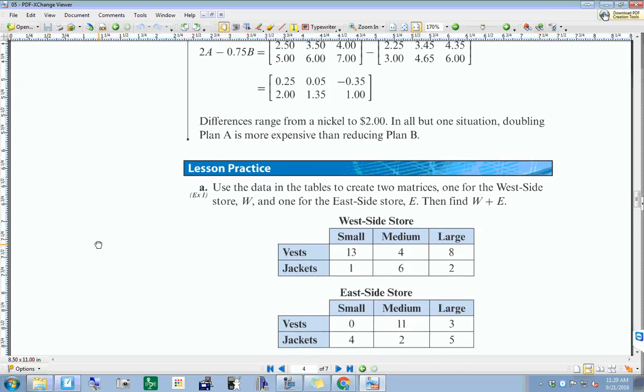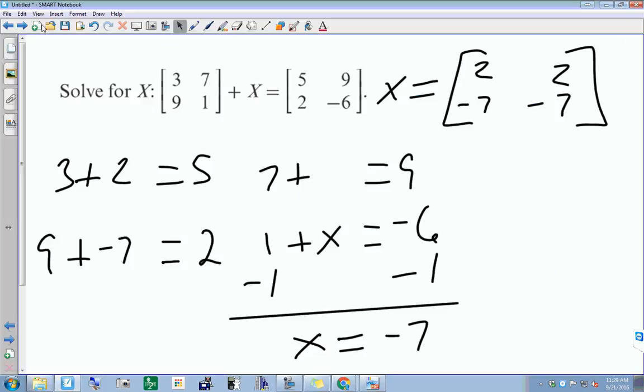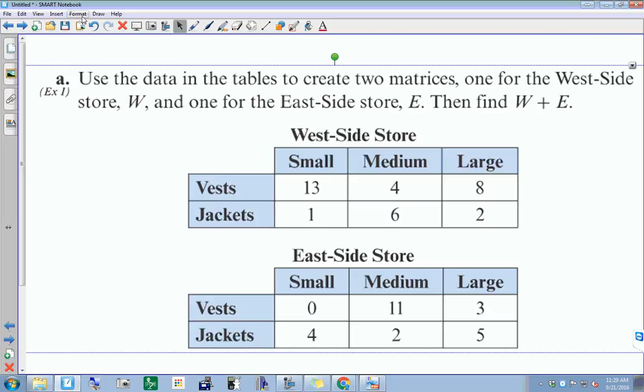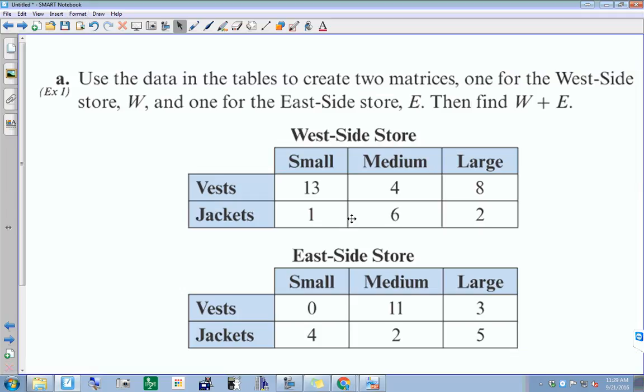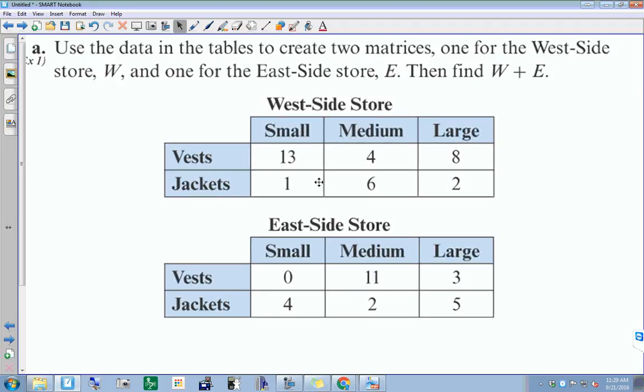So what I want you to do here is I'm going to give you a few minutes. I want you to start with this one. So I'll give you about 90 seconds, and I want you to do this problem.